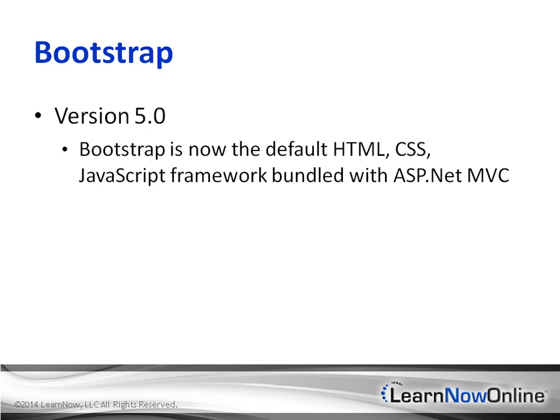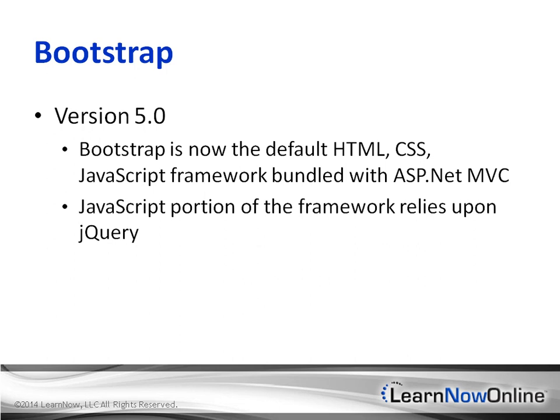In ASP.NET version 5.0, Bootstrap is now the default HTML, CSS, JavaScript framework bundled with ASP.NET MVC. The JavaScript portion of the framework relies upon jQuery. So basically, Bootstrap provides some jQuery plugin support that allows some of its components to have some dynamic client-side functionality.